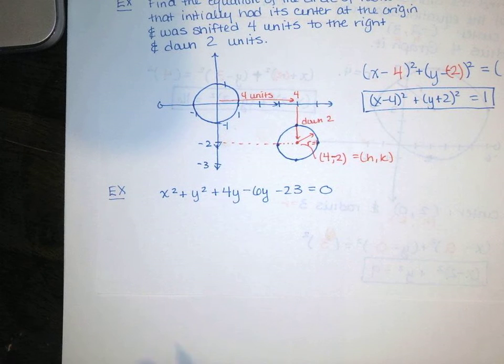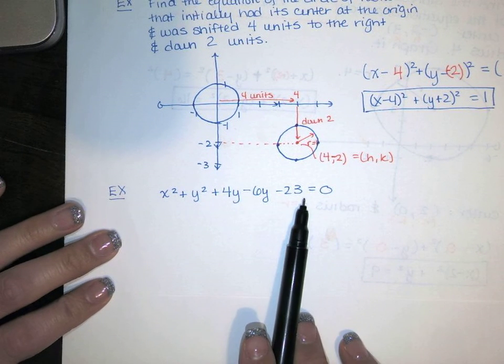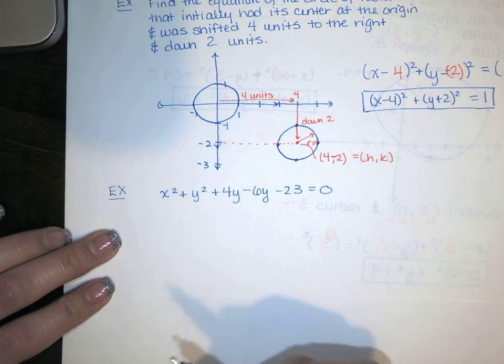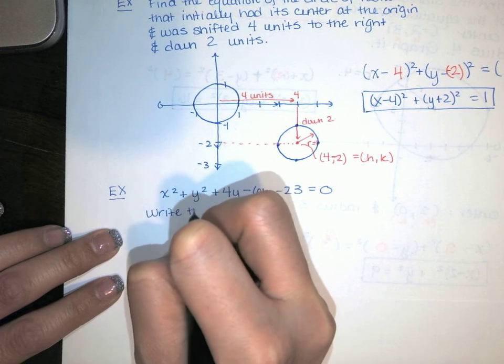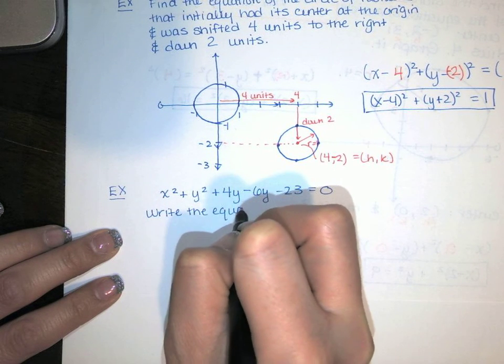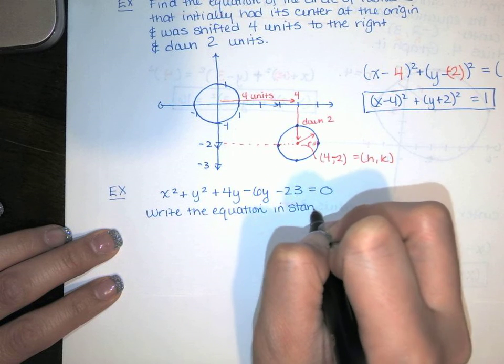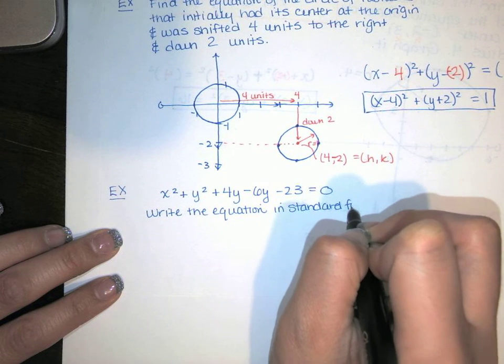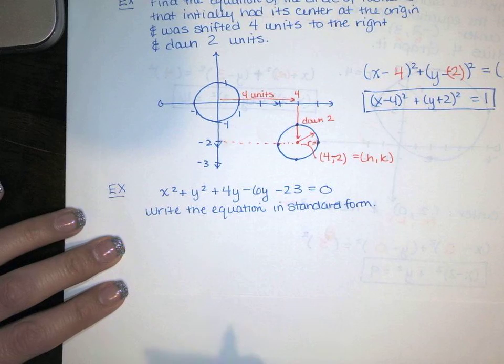So let's talk about what somebody might ask you. They might say, given this equation, write the equation in standard form. And then if it's a circle, and we'll talk about when it might not be a circle.